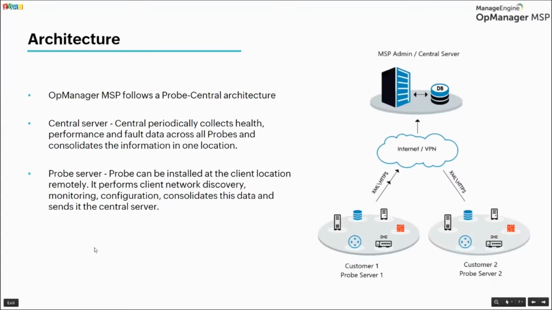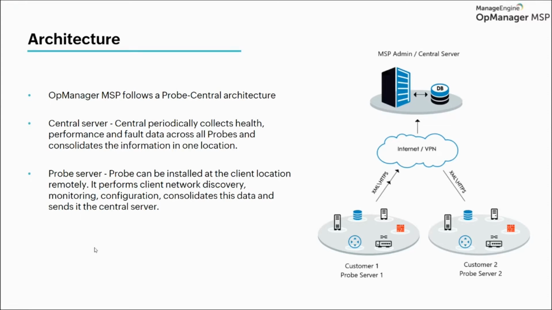So now let's discuss the next important topic, which is the architecture: how OpManager MSP has to be deployed, how it's going to work, and what the various functionalities available are. Here is an example of the OpManager MSP probe-central architecture, where we'll be deploying a central in our MSP.